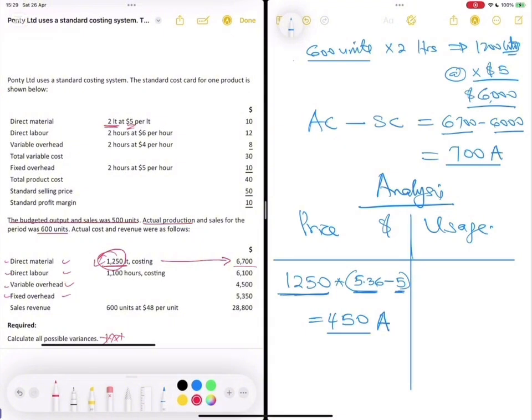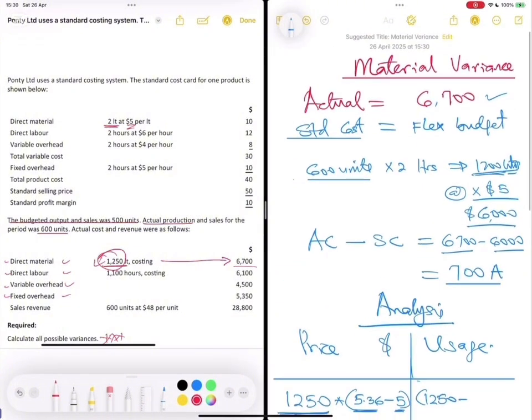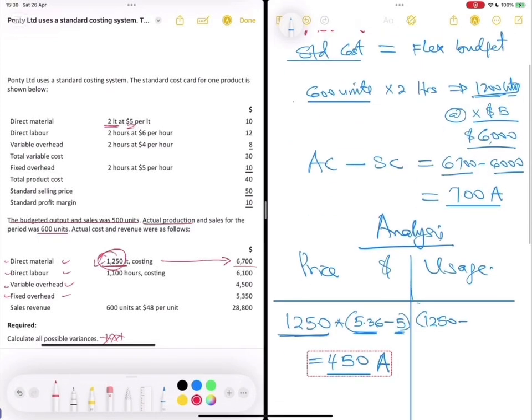Then usage is about the quantity we consumed versus what we should have consumed. How much did we consume? 1,250. What should we have consumed? We already calculated that earlier on. We should have consumed 1,200, right? So we should have consumed 1,200 for that activity level. And we always have to value at our standard price.